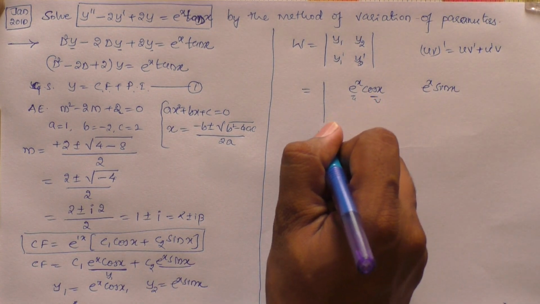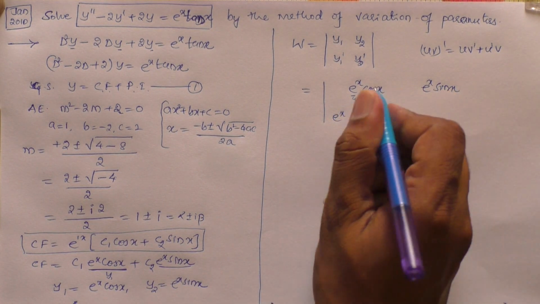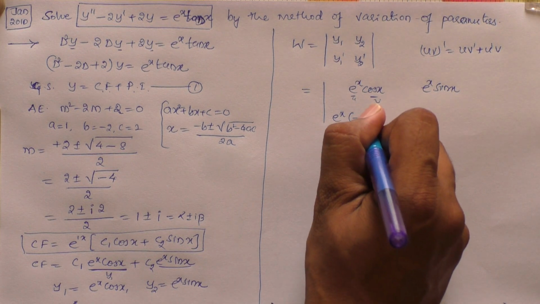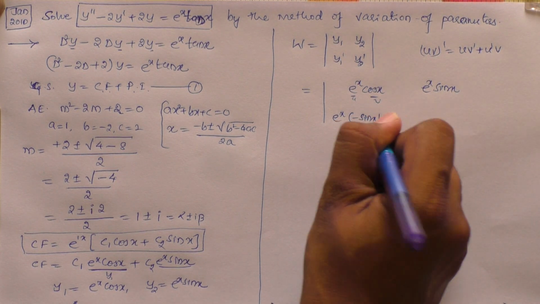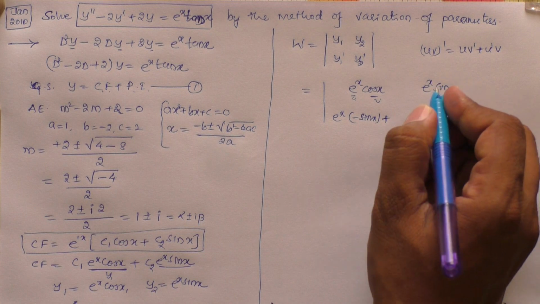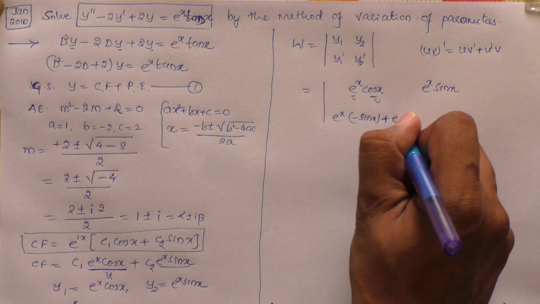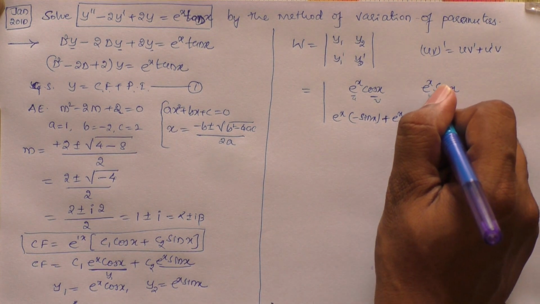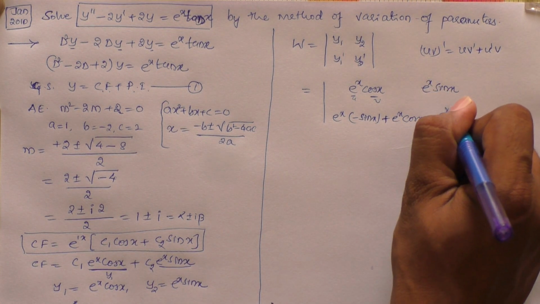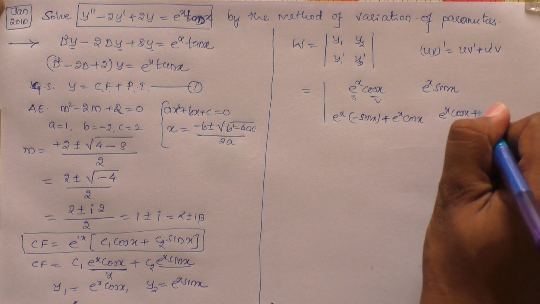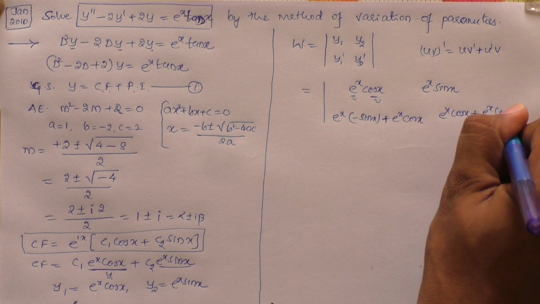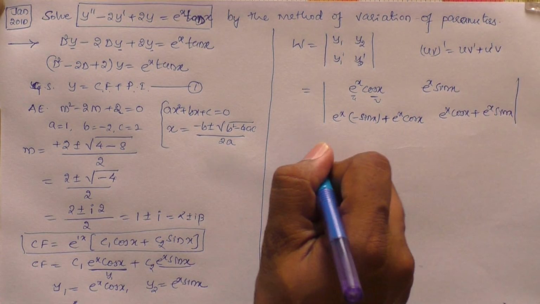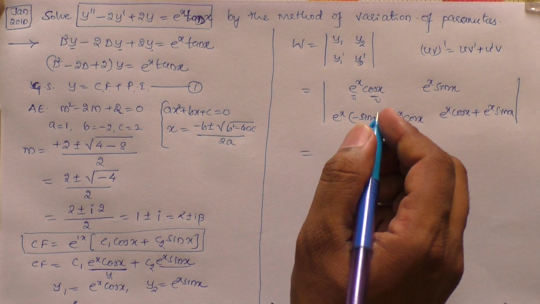So u is e raised to x, v dash is the derivative of cos x, minus sin x, plus u dash e raised to x into v cos x. In the same way for y2 dash we get e raised to x cos x plus e raised to x sin x. So this is what we got for the determinant terms.